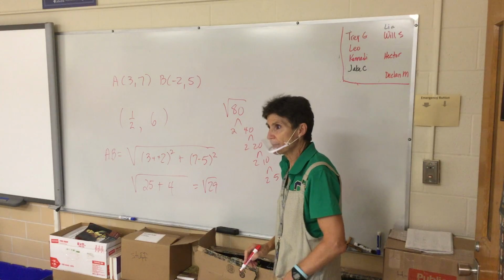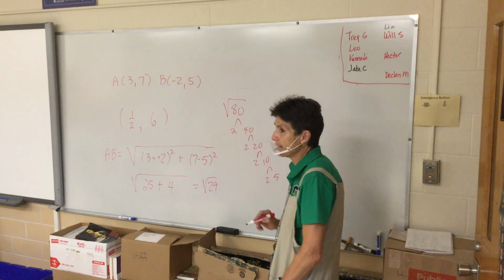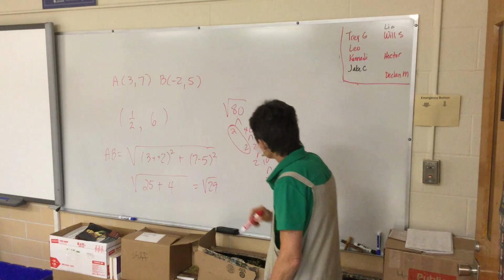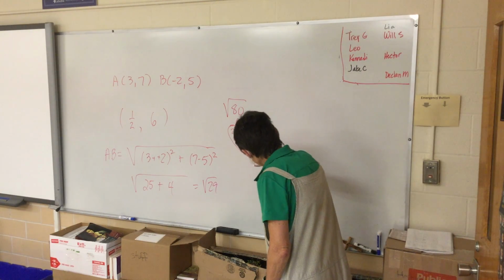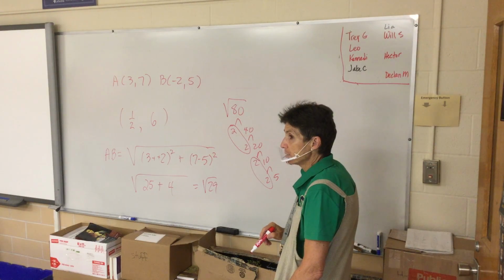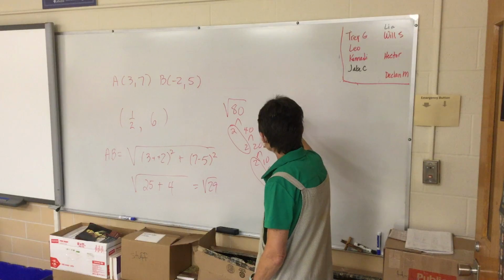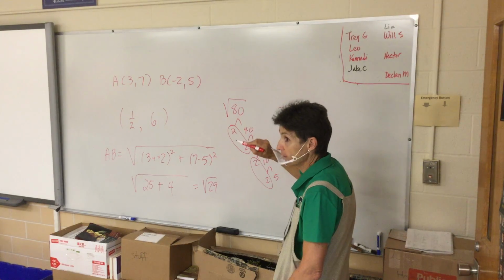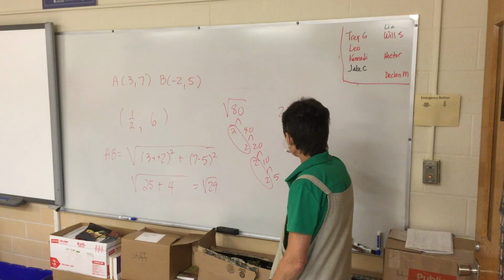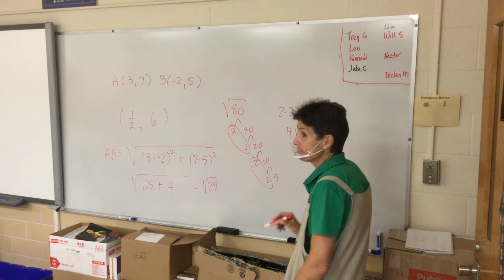And then once you get it broken down to where you can't do it anymore, we look for pairs. So there's a pair, and there's a pair. So I can take out a 2 and a 2, and I multiply those, and I have left a 5, so that would be 4 root 5. That breaks down into 4 root 5.